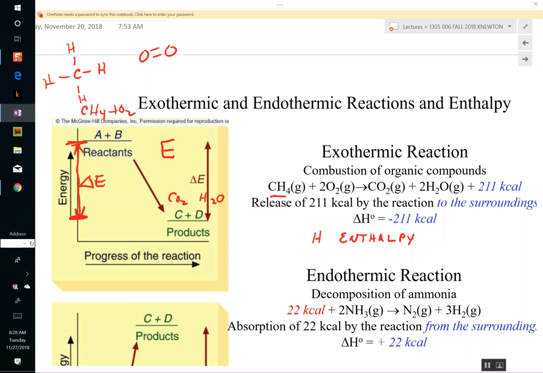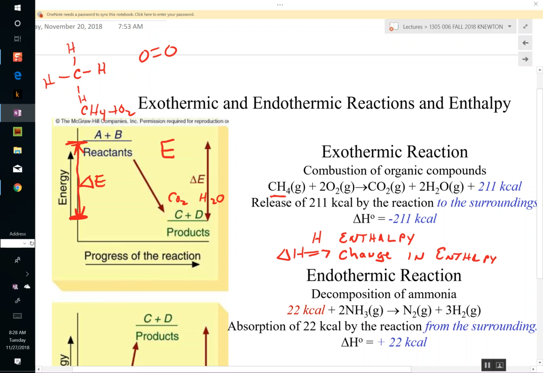Okay? And you see this little delta sign here. I call it a little triangle right here, delta sign. Delta refers to change in. Oh, I didn't spell change right. So delta H is the change in enthalpy.